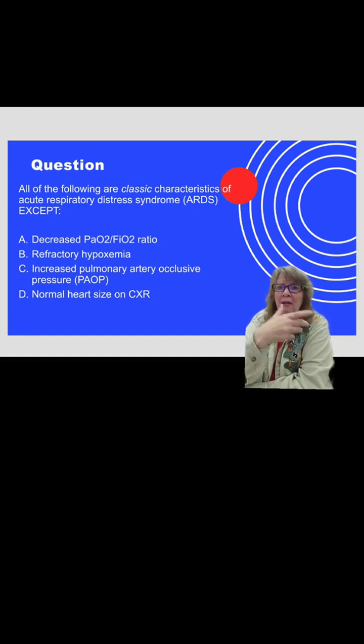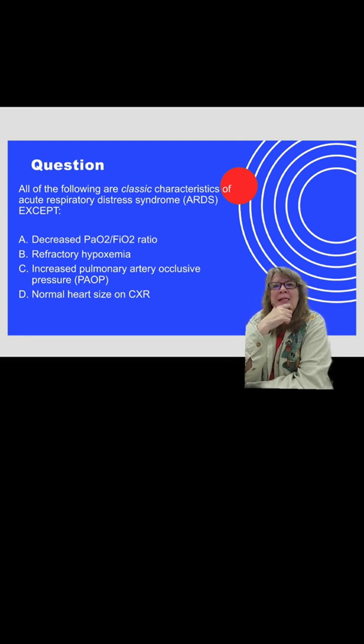Because when we're talking about left heart failure, of course, we have an increase in left heart size. So if the heart looks of normal size, we're not talking about left-sided heart failure here. And so we would not see an increase in pulmonary artery occlusive pressure, also known as wedge pressure.